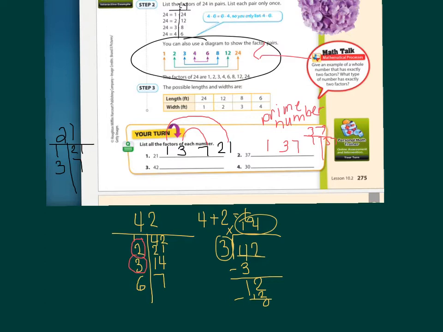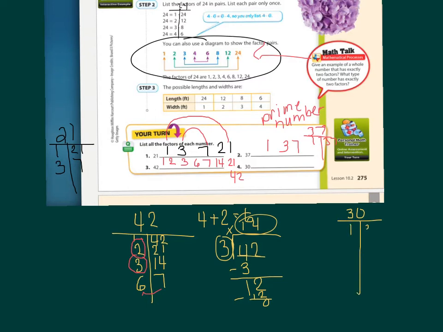And then that's it. 6 and 7 are consecutive when you count. 7 comes right after 6, so that's the stopping point. So we have 1, 2, 3, 6, 7, 14, 21, and 42. All right, last one. Let's do 30.